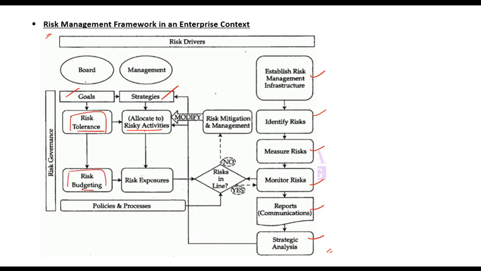The board would set risk budgets and management would set risk exposure, that is, how much budget should be utilized in which exposure. And then there will be policies and processes governing all of these, and there will be risk governance flowing down from the board and management to lower staff or other levels of the organization. So this is how risk is managed in an enterprise context.